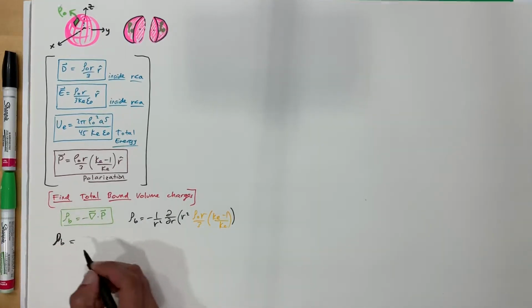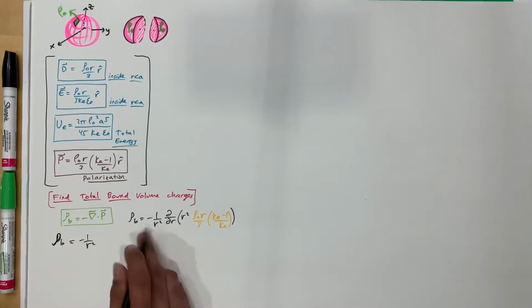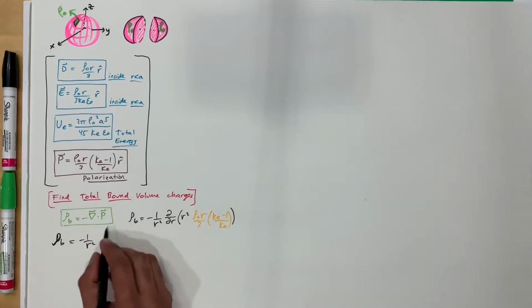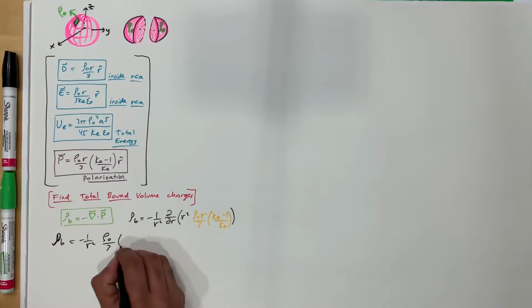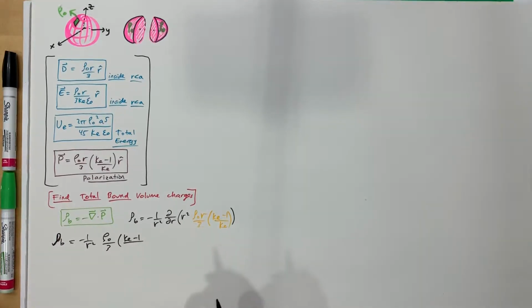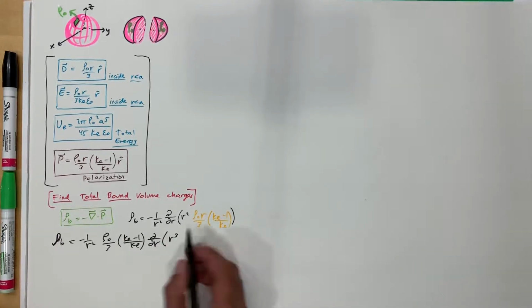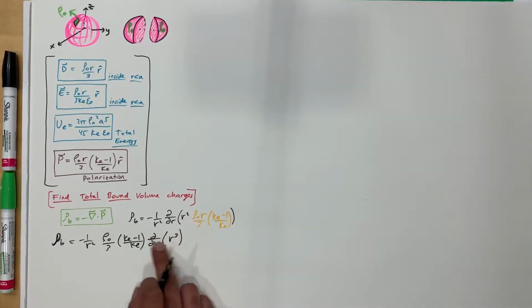Okay, volume density is going to be, let's keep this 1/r² out here, and we're going to combine these two and pull everything else out. So we got rho naught over 3 ke, minus 1/ke, and then inside here we do the partial with respect to r to the third. So the derivative of this is going to be 3r².